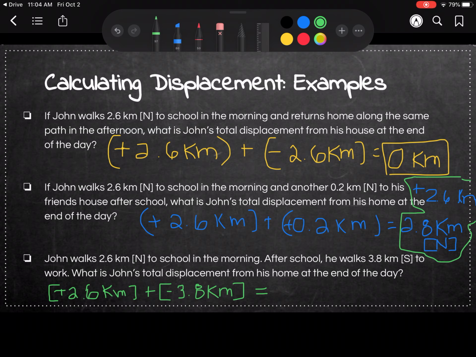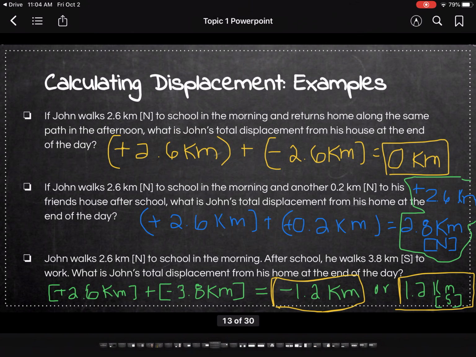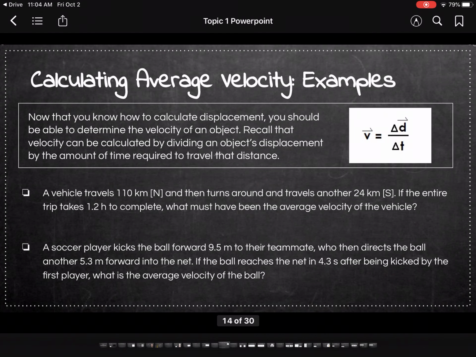We're going to get a difference of negative 1.2 kilometers. You can write that, or you could write 1.2 kilometers south. Okay, so up to you again how you write it. I really prefer this way, personally, just because you don't have to really think about it, but up to you. And the question might ask you to use direction, like southeast, northeast, southwest, so you might need to know how to do that.